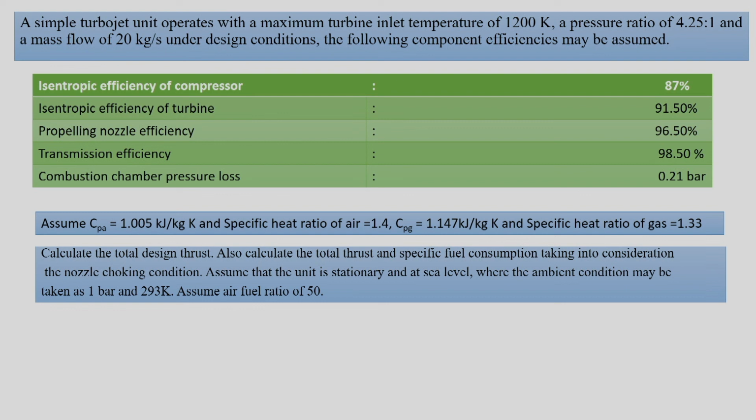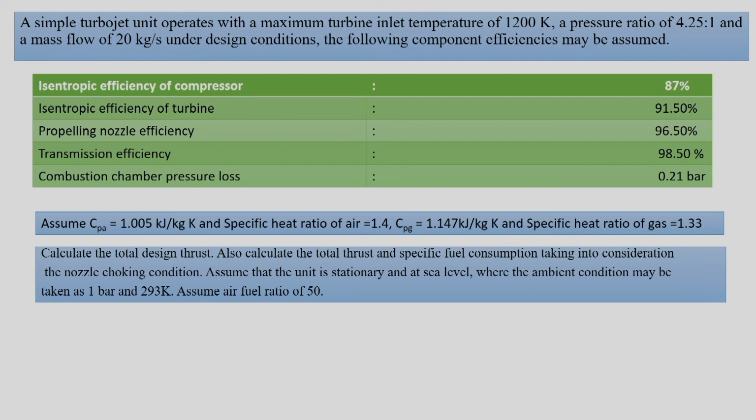The following component efficiencies may be assumed. Isentropic efficiency of compressor is 87%, isentropic efficiency of turbine is 91.5%, propelling nozzle efficiency is 96.5%, transmission efficiency is 98.5%, and combustion chamber pressure loss is 0.21 bar.